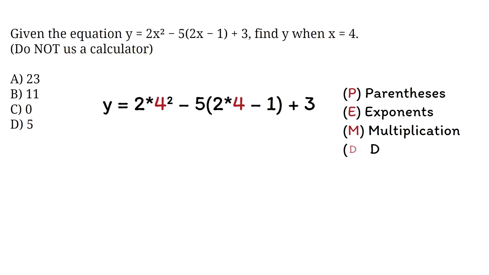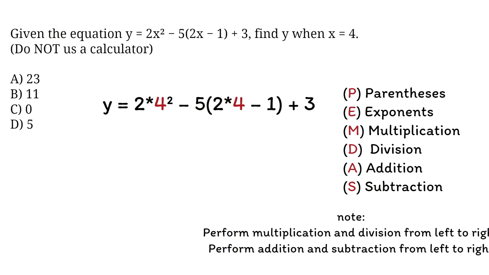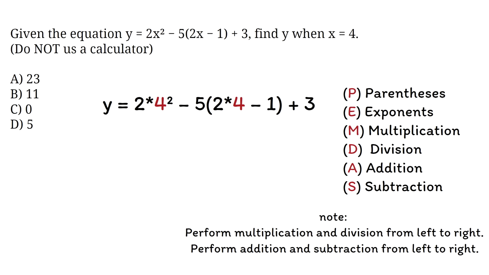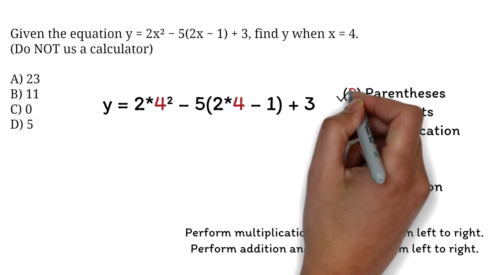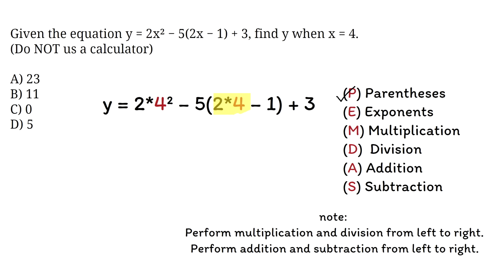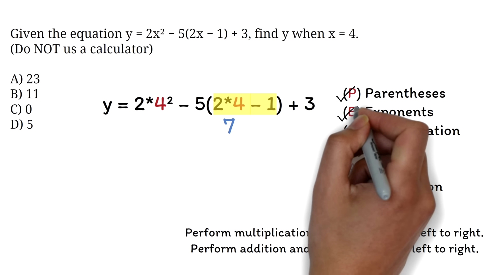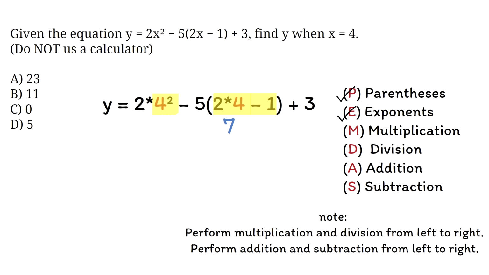Here is the order of operations. You can check out our video on order of operations if you need a detailed lesson. With the order of operations, we will perform the parenthesis first. So we have 2 times 4, which is 8. This minus 1 will give us 7. Next, we will do the exponent. We have 4 squared. 4 squared is 16.